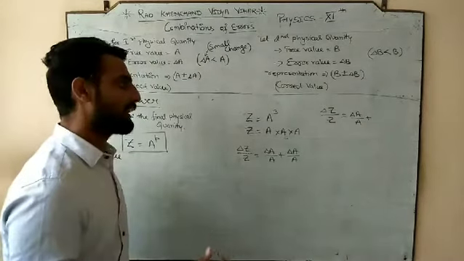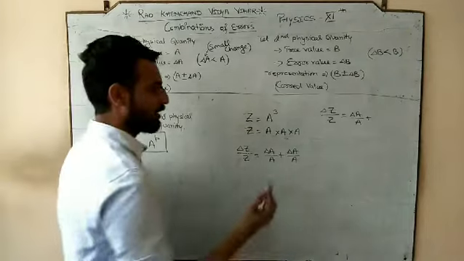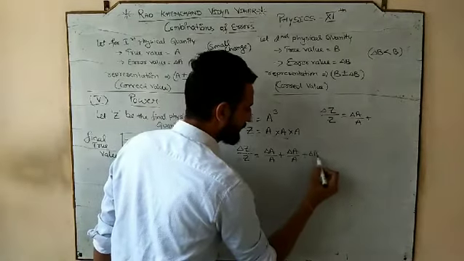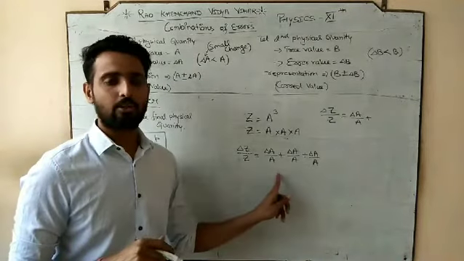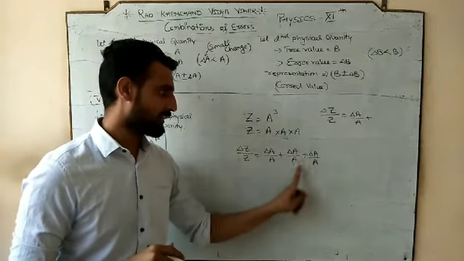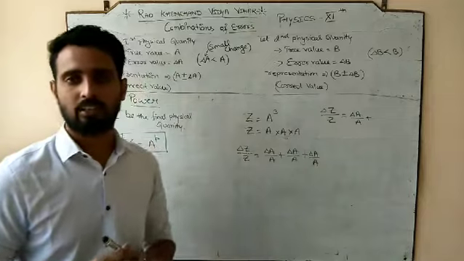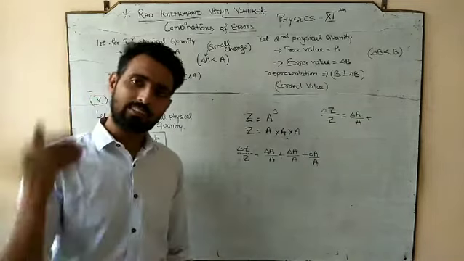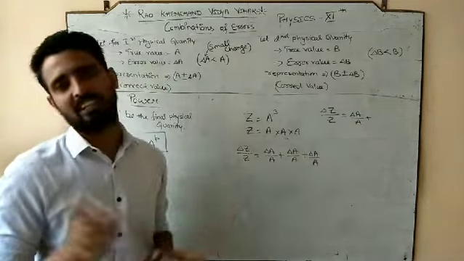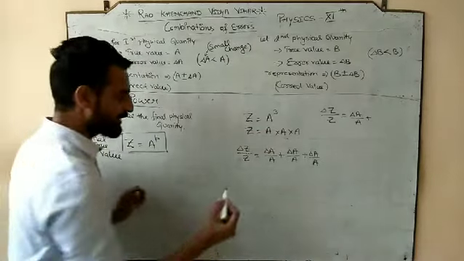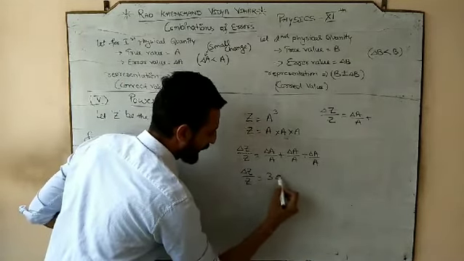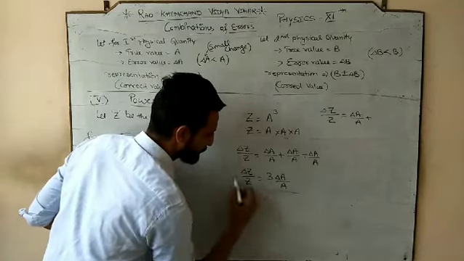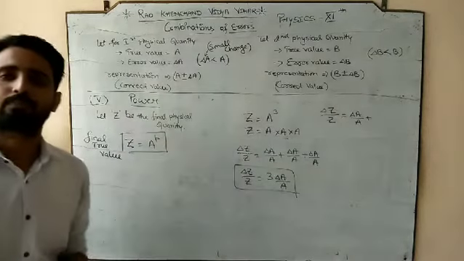The third time it is also the relative error of third, which is again the same. So delta Z by Z is 3 times delta A by A. Have you got any conclusion?